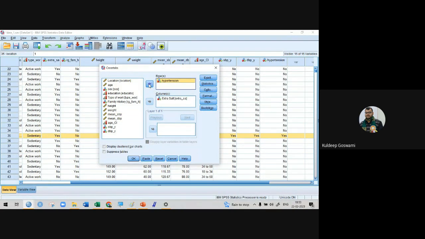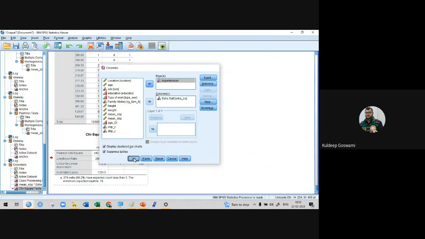Again, remember we use the chi-square test for association of attributes, only for categorical variables. I showed you the wrong example, sorry for that. In row, we put hypertension, and in column, we put extra salt. I want to see some bar chart and suppress table. Okay, press OK.